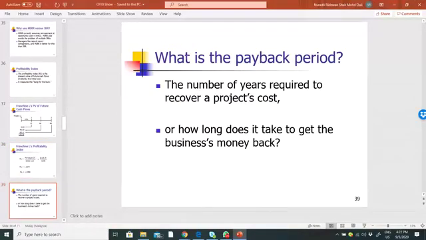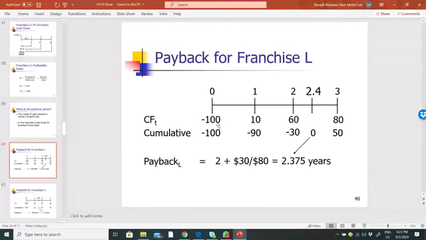So what is the payback period? The number of years required to recover a project cost, and how long does it take to get the business money back? So now we want to calculate when we will get this 100 back. In the first year, you get 10. The second year, you get 60. Then you already have 70.